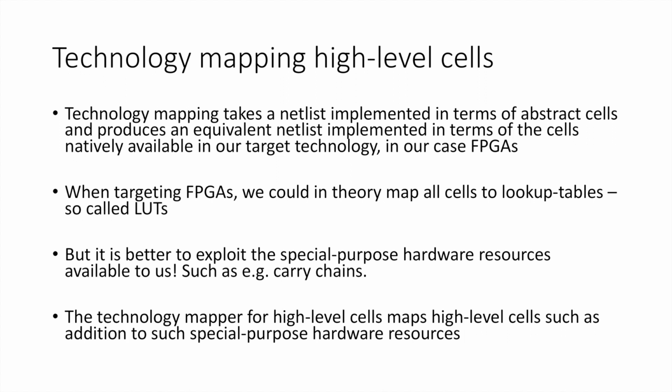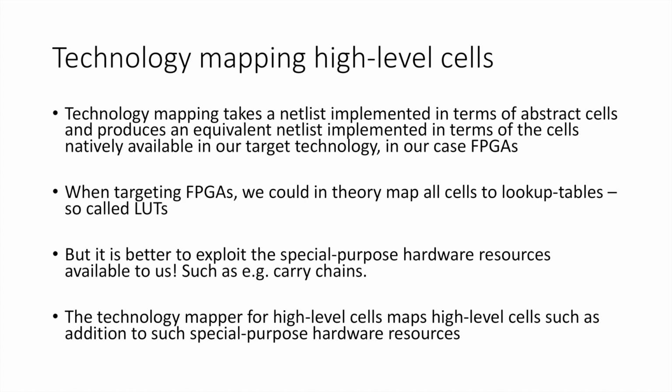So, when targeting FPGAs, we could in theory map all cells to lookup tables, so-called LUTs. But it's better to exploit the special purpose hardware resources available to us, such as, for example, carry chains. And this is exactly the responsibility of the technology mapper for high-level cells.